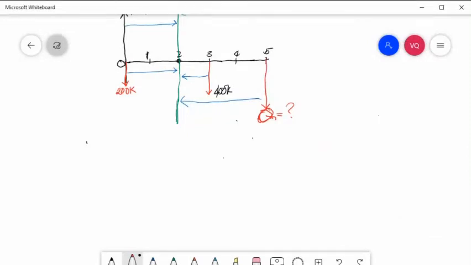I forgot, we have also money here at year 1, 300,000.